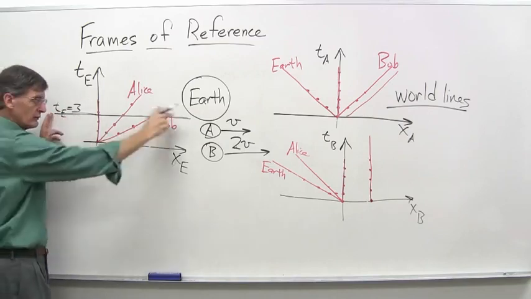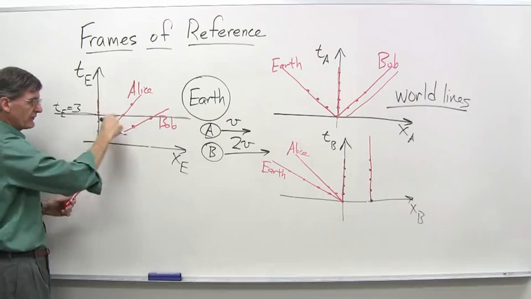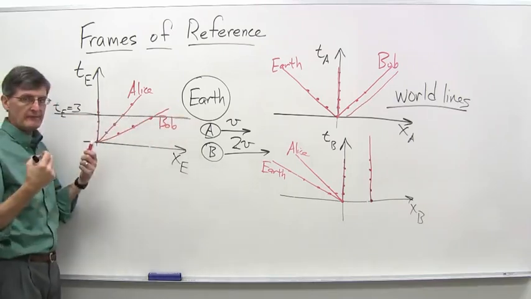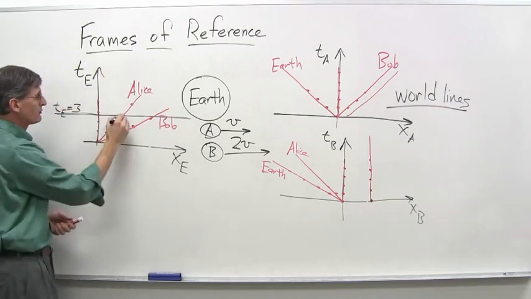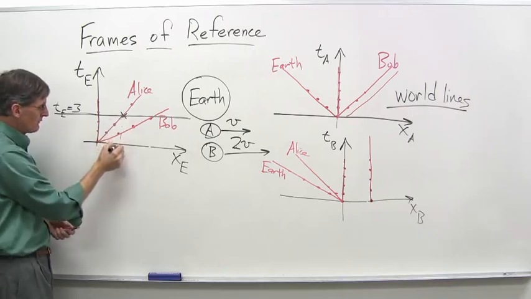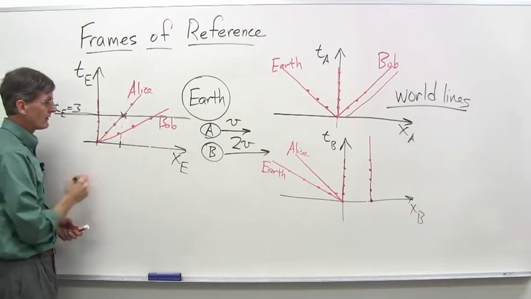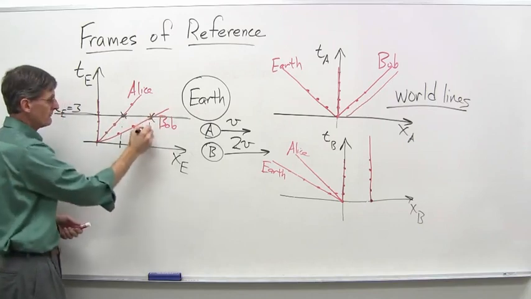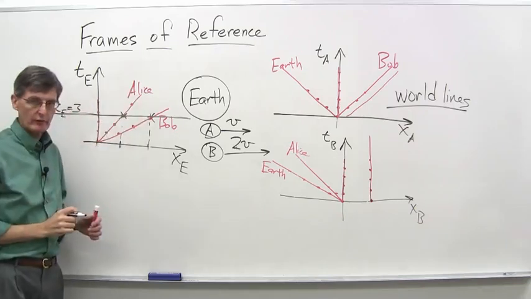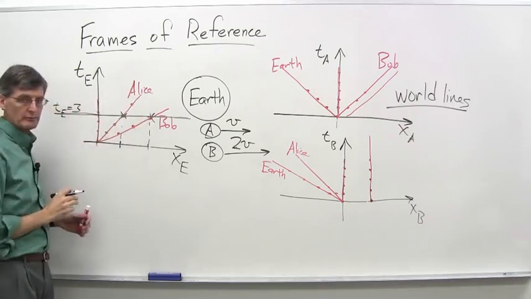So this is the T equals 3 line. Everything along that line represents everything that happened from Earth's perspective at T equals 3 seconds. So Alice was at this position right here at T equals 3 seconds, whatever that mark is on the x-axis. Bob was at this position right here at T equals 3 seconds. Our clocks took a photograph at that point in time and noted their position.